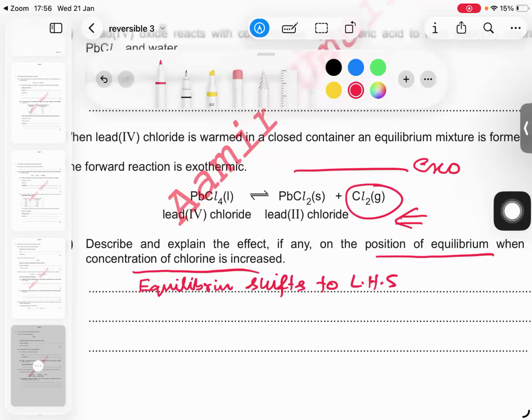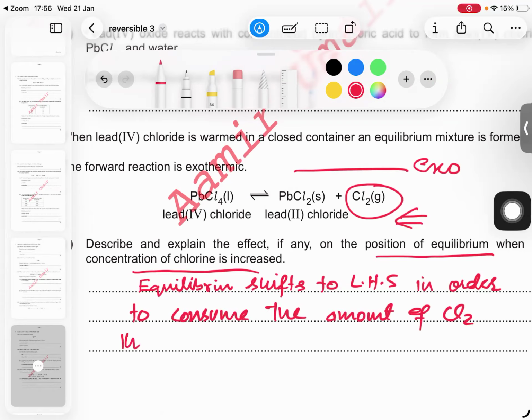In order to consume the amount of the chlorine that has been added at equilibrium. Okay?